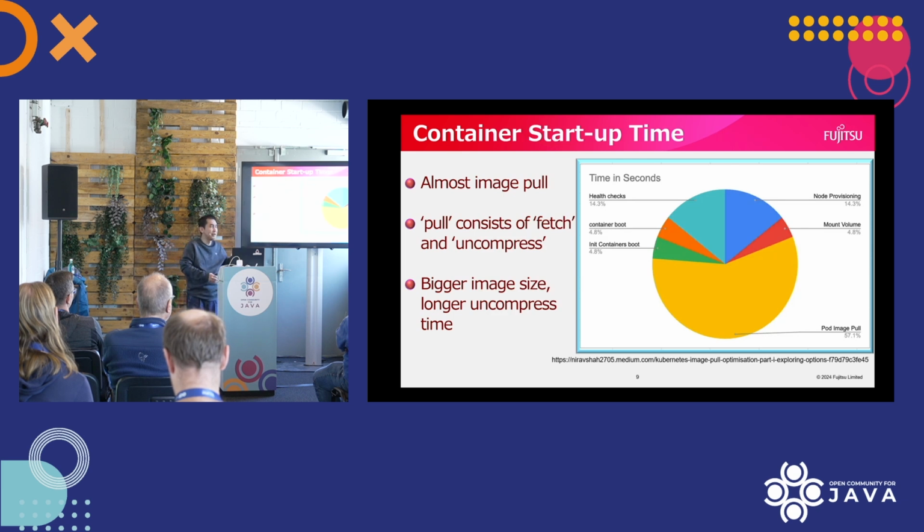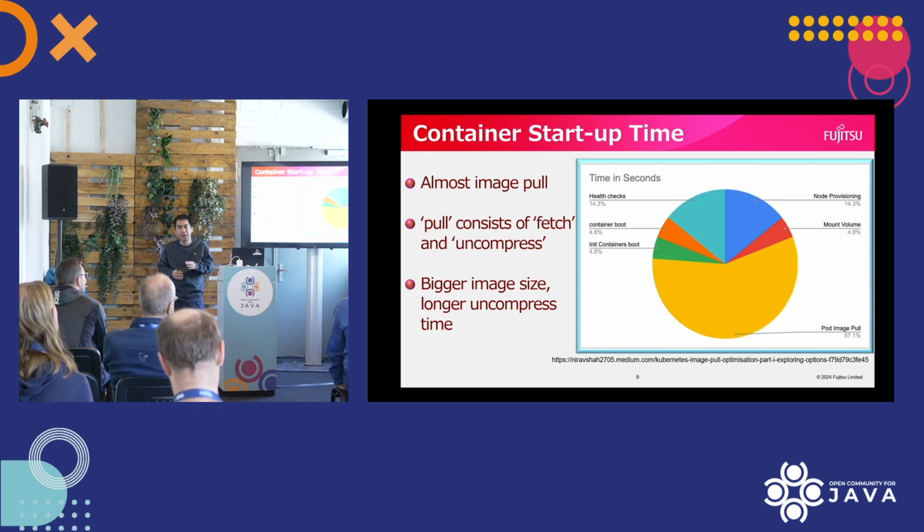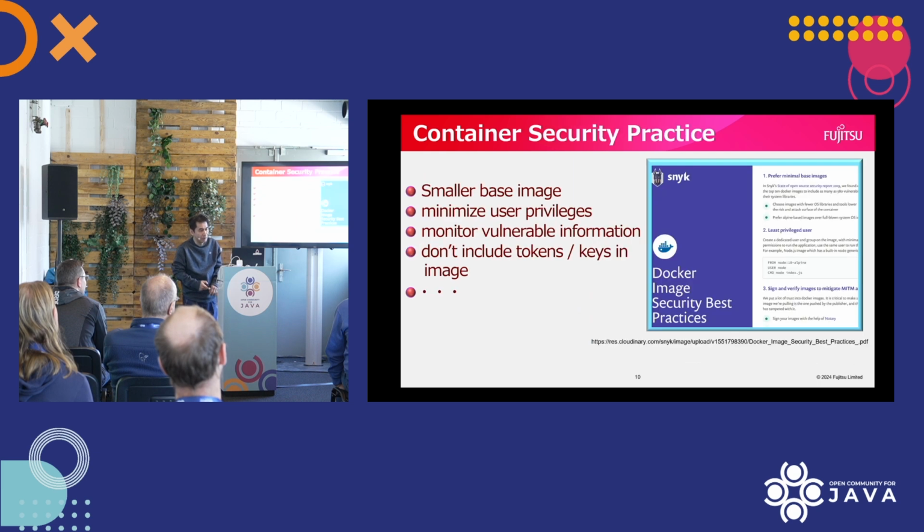And this is an analysis of the startup time. About 60% of startup time is spent pulling the image. So a smaller size image makes startup time faster. It's clear. And the main reason to use a smaller size image is security. So many people create security practices like this.